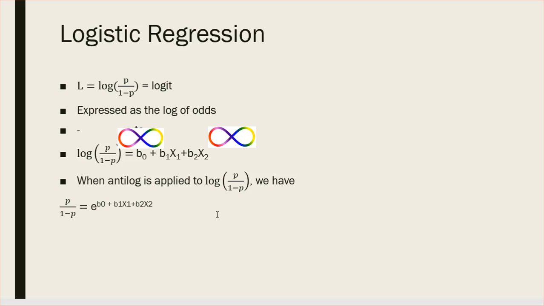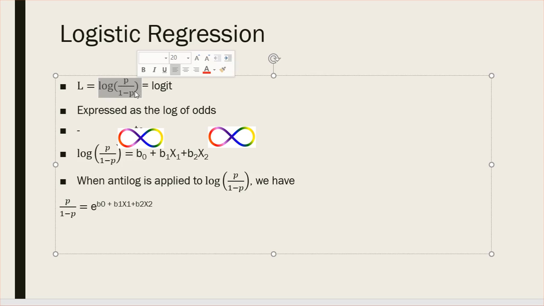And logistic regression is assessed using logits. Or to put it differently, logistic regression is expressed as the log of odds. This is what we mean by the log of odds, this formula here.